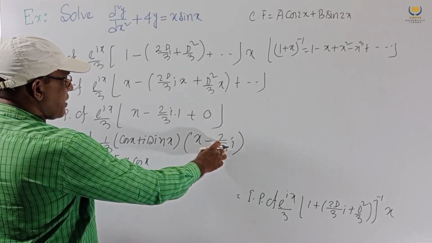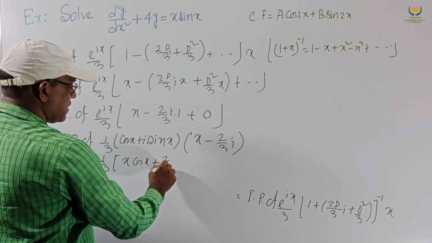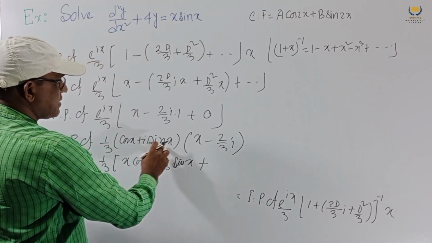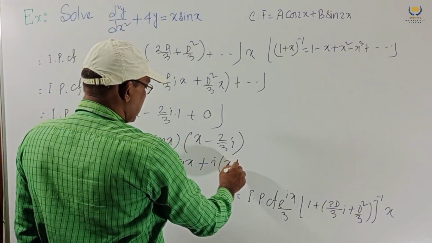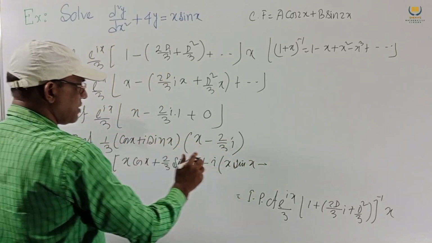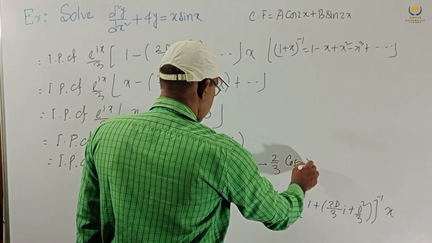This and this, since i² is -1, we get plus 2 by 3 sin x. Then x sin x is imaginary, and 2 by 3 cos x is imaginary.